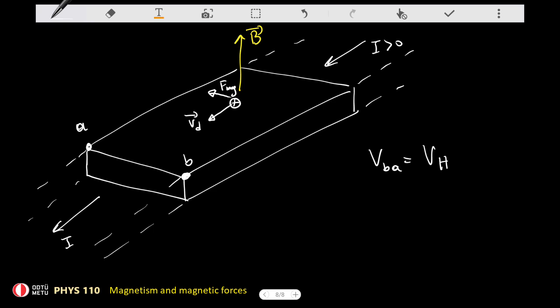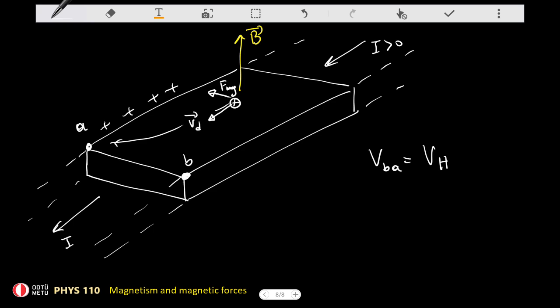There is a magnetic force that pushes this charged particle along that direction. So as a result, this charged particle is going to deflect to that side, which means, of course, this is not the only charge particle in here. There are many charge carriers. So all of them get deflected to that side. They are going to be pushed to that side.